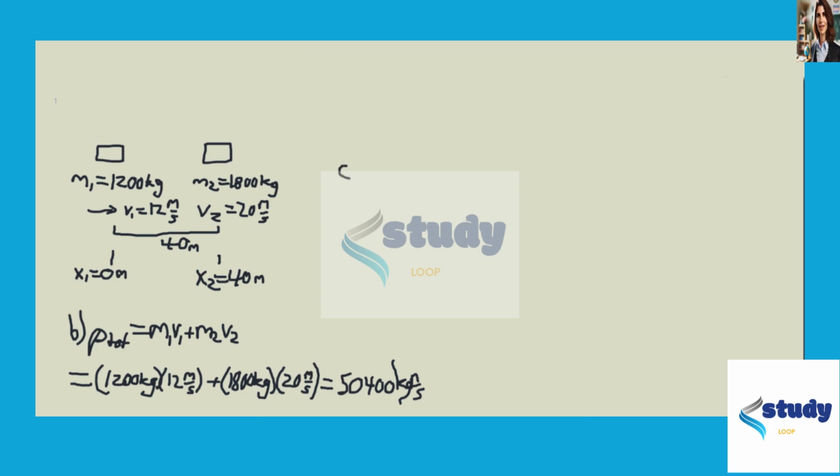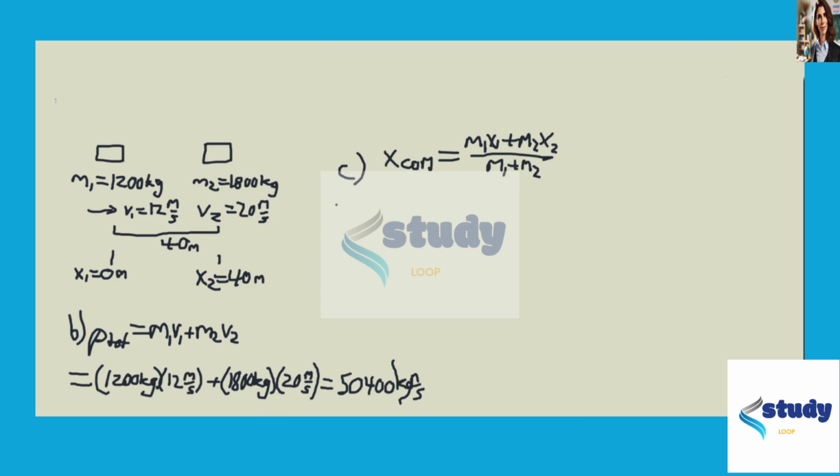Next is part C, in which we're asked to find the velocity of the center of mass. We can do that simply by taking the time derivative of the center of mass position expression, which was X_COM equal to m1 x1 plus m2 x2 over m1 plus m2.